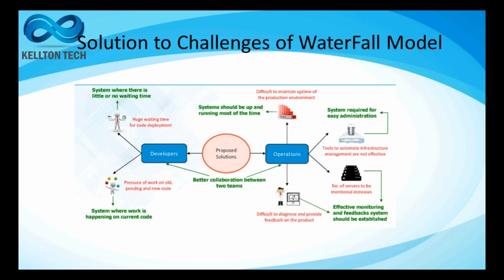The requirements are broken into pieces and the development is organized into short, well-planned sprints. Coming to the operations point of view, the system should have at least 99% uptime, the tools used to automate the infrastructure should be made effective, and a monitoring and feedback system should be there.